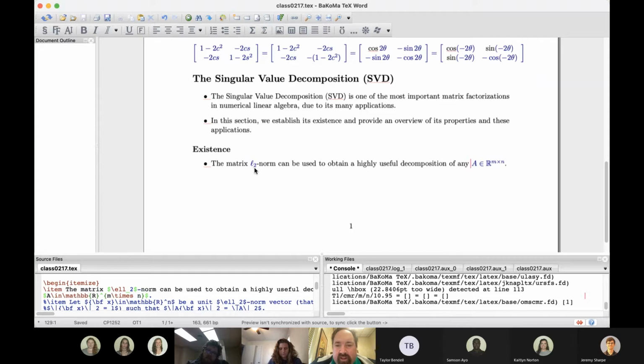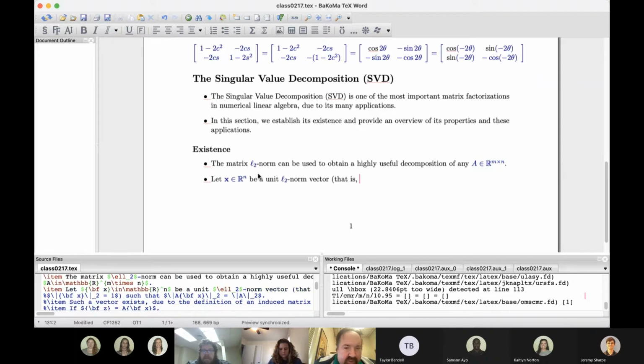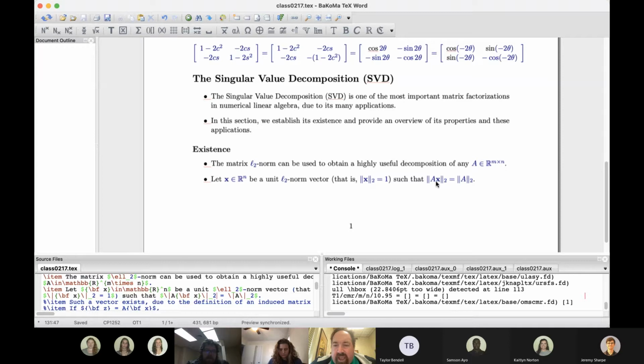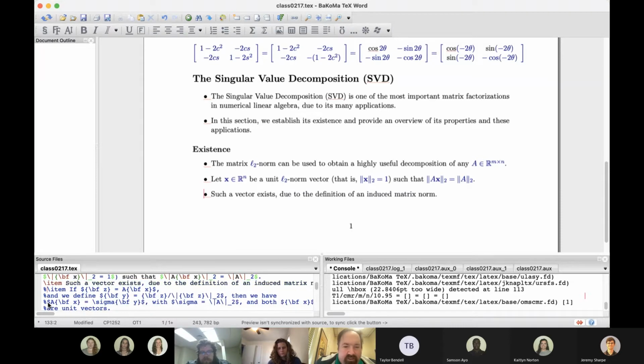I'm going to use a matrix 2 norm to help me do this. So I'm going to assume that x is a unit vector in a 2 norm sense. So the 2 norm of x is 1. And it's not just any vector, it's a vector so that if I compute A times x, this is a vector norm, happens to be equal to the matrix 2 norm of A. And how do I know that such a vector exists?